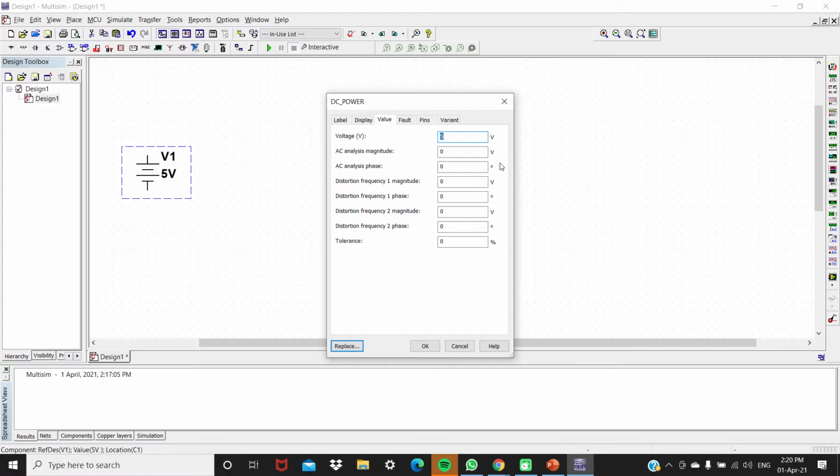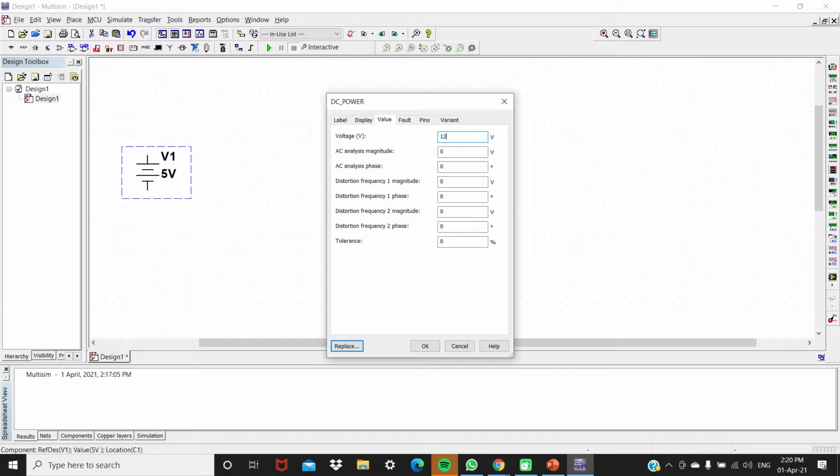Sometimes instead of a simple DC battery, I might put a generator which has some AC frequency, meaning you have to change certain frequency settings. Please appreciate this Multisim because it looks quite easy and user friendly.